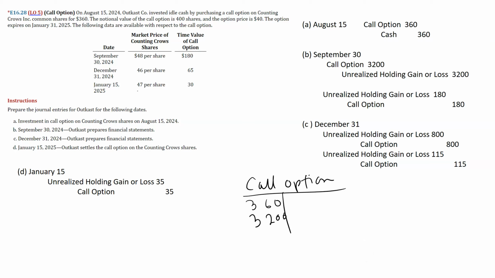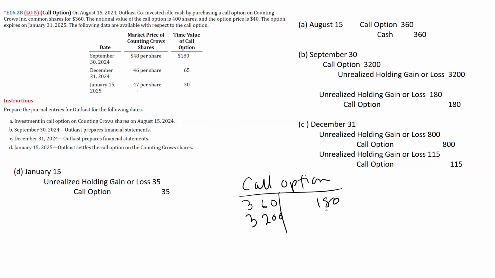Then we credited call option because the option value went down due to the time value decrease, so we credit 180. On December 31st, the stock price went down, so we reduced option values by $800.